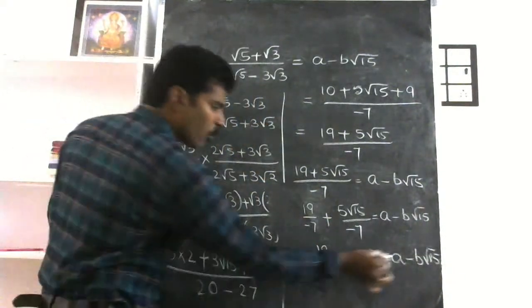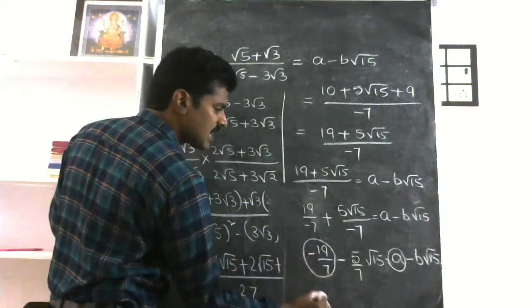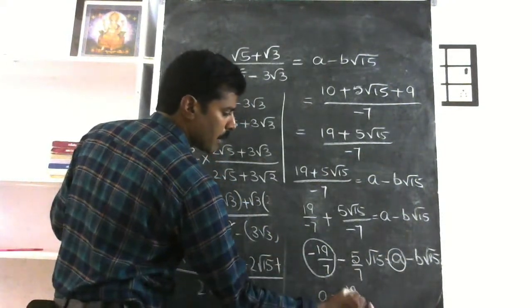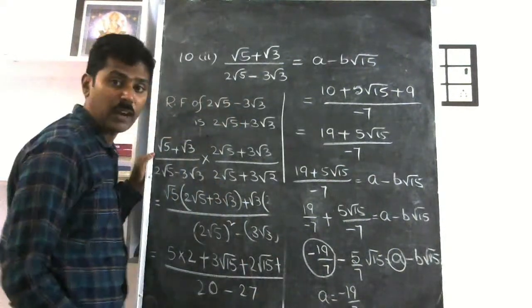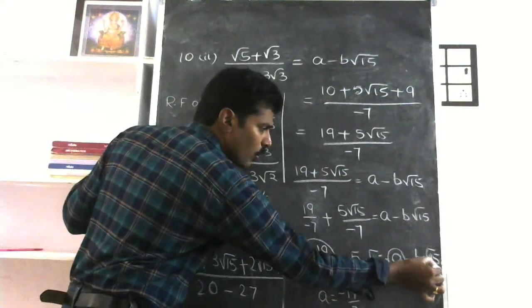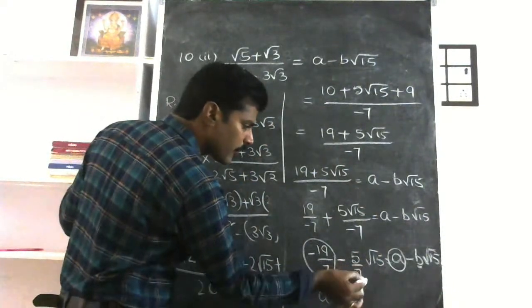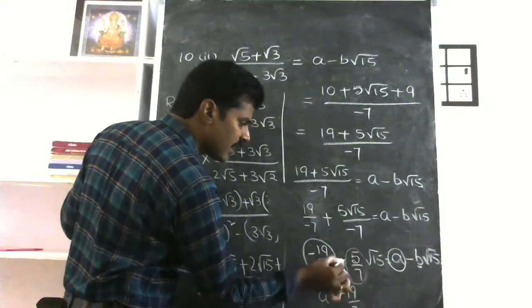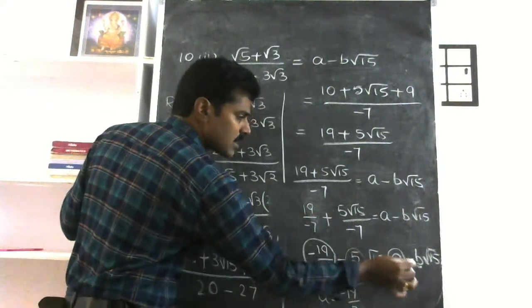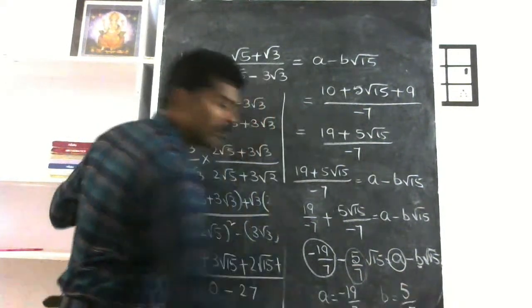So if you compare, what is a here? Minus 19 by 7, a becomes minus 19 by 7. And what is b here? See, here b is nothing but the coefficient of √15. Here the coefficient of √15 is 5 by 7. Symbols are the same, minus and minus. So b becomes 5 by 7. b will not get minus.